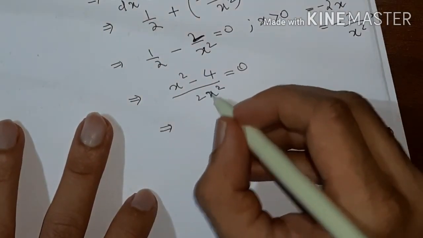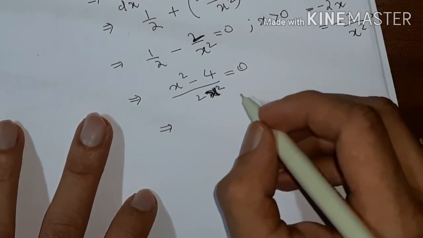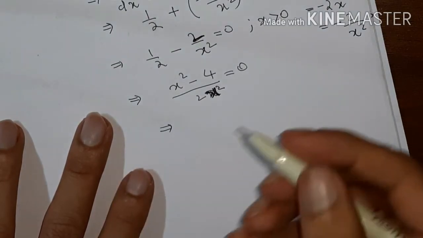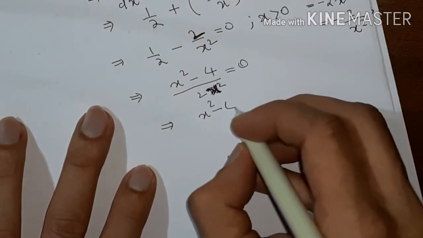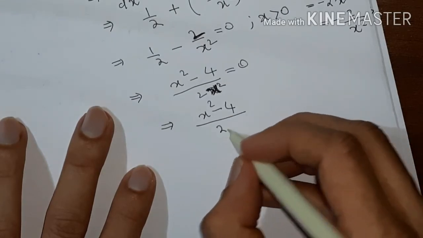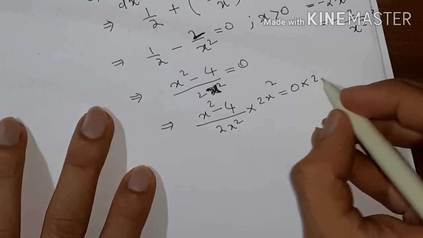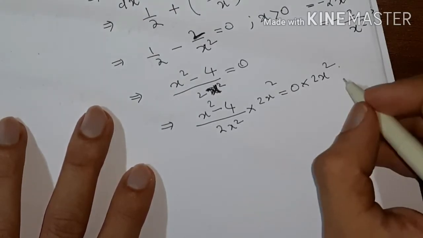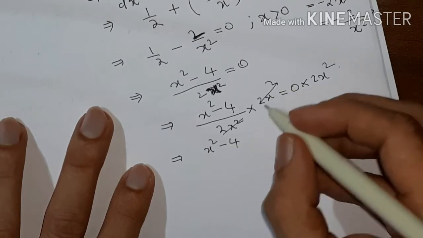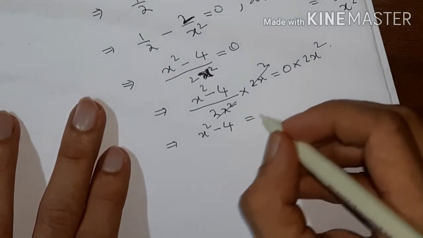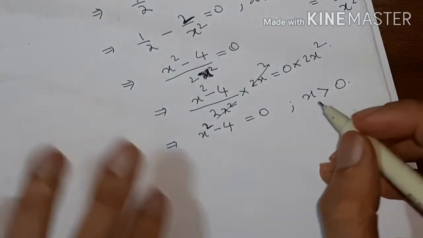Now suppose we take x not equal to 0, then we can multiply it by 2x square on both sides. So x square minus 4 divided by 2x square multiplied by 2x square equals 0 multiplied by 2x square, right? And so what we get: x square minus 4, the 2x square gets cancelled, equal to 0, and x greater than 0 you have.